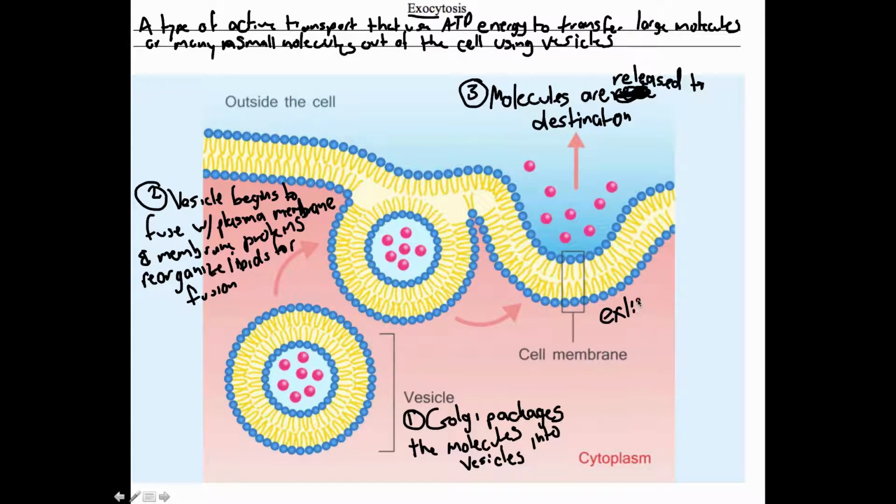So for our first example: transmission of hormones into the bloodstream from endocrine glands.